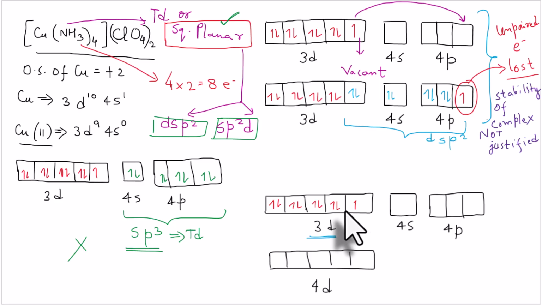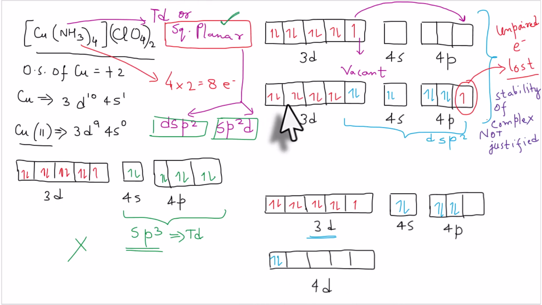Then what about the 8 electrons contributed from amine? They are arranged like this. 2 in 4s, and then one orbital of the 4p is left vacant, and this electron pair migrates to a 4d orbital.